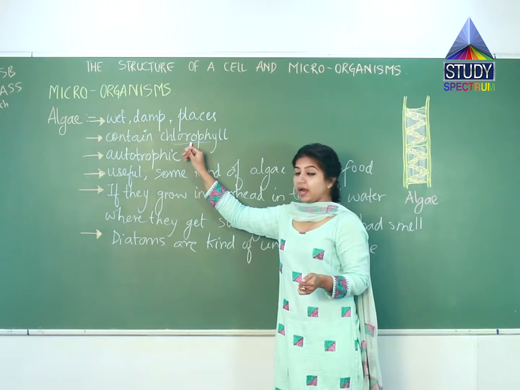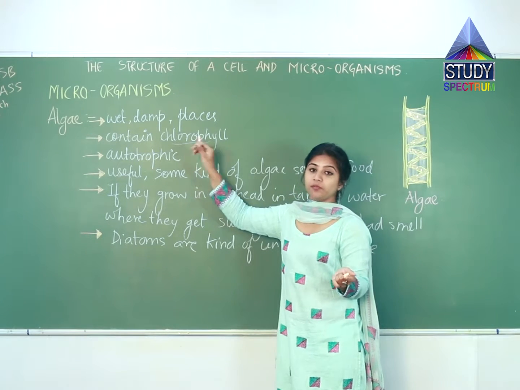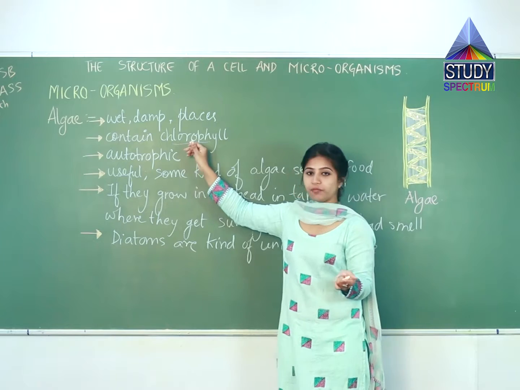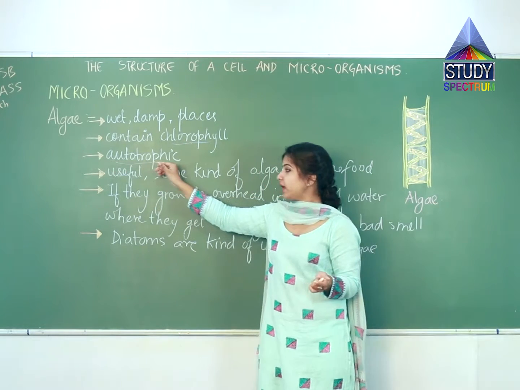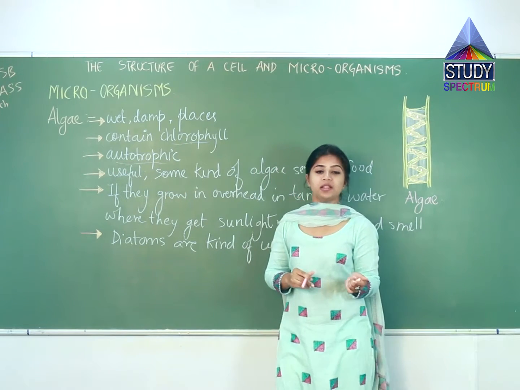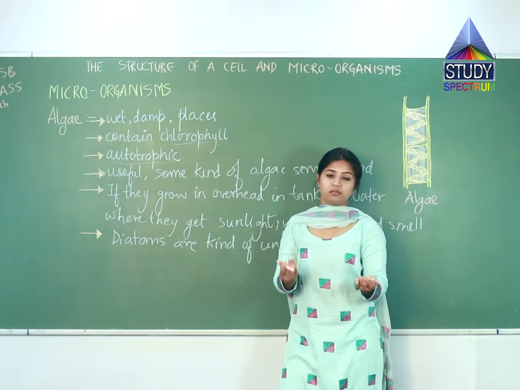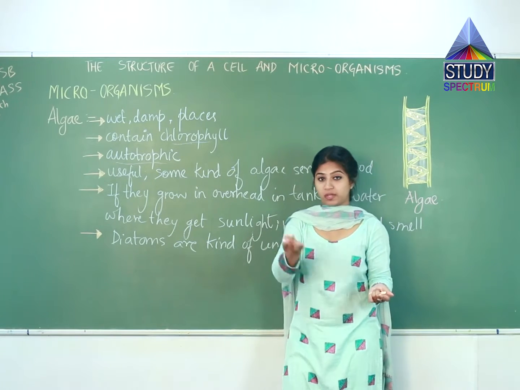The plants which are able to perform photosynthesis with the help of chlorophyll are known as autotrophic plants. These autotrophic plants can produce food for themselves.